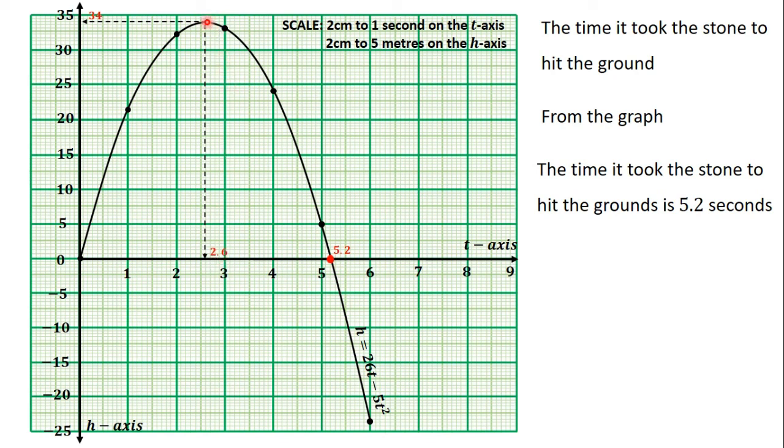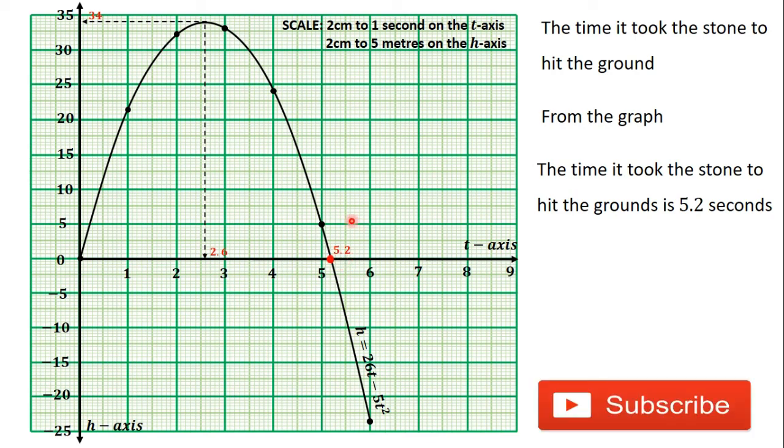Then from the maximum height, it started dropping back to the ground and it reached the ground at this point, and the time at this point is 5.2 seconds. So the maximum height reached by the stone is 34 meters. The time it took the stone to reach the maximum height is 2.6 seconds. And after projecting the stone into the air, it hit the ground after 5.2 seconds.